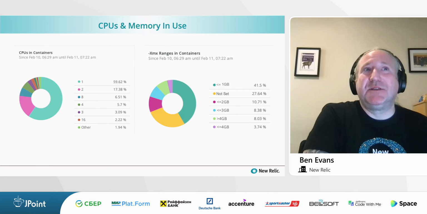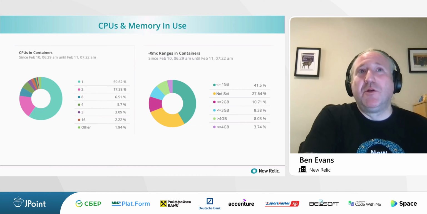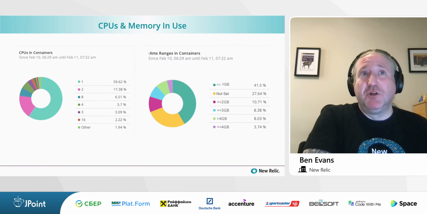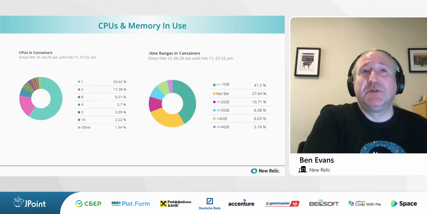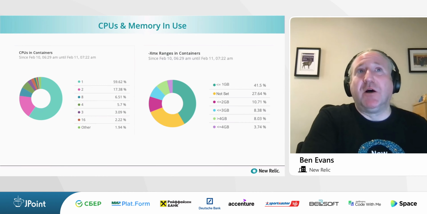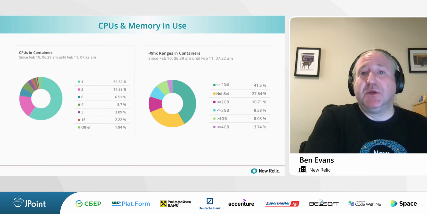When we come into the next section, we'll talk about what you can do and the optimizations you can make. One of the first things that you should do is check that your containers don't run with just a single CPU. I'll explain why in the next section, but this was a real shock to us, the fact that so many people try to run Java in a container which only has one CPU.